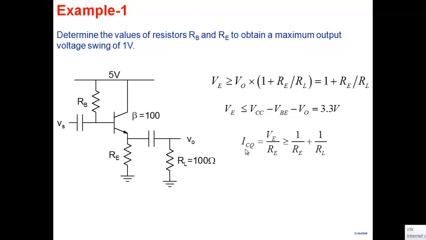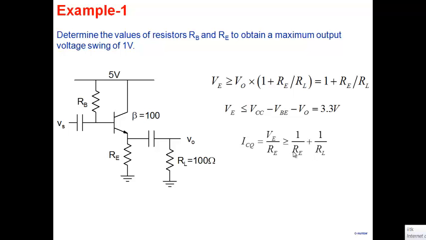So how do I choose my RE and VE? If minimizing ICQ is your objective, that says use the highest possible value of RE, because RL is fixed.